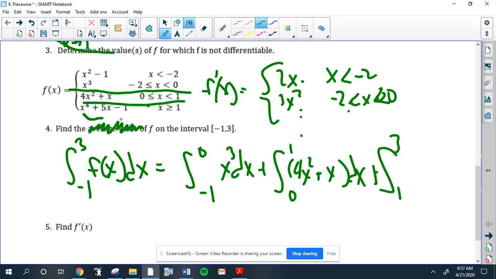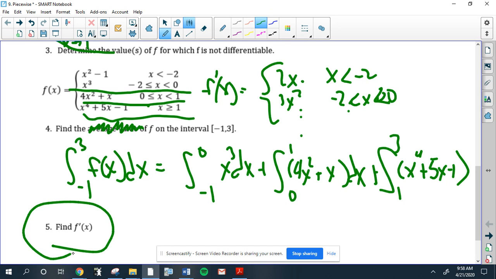So you just add up each piece separately, and that will give you the answer. So when you look at the solutions, my answer I'm going to divide by 4, but you would only do that for the average value. So when you look at my solutions, don't divide by 4. So f prime of x is going to be really this, but only include the equal signs if it's differentiable.